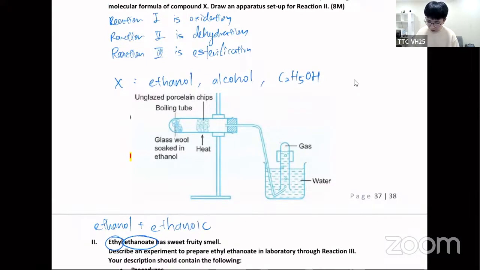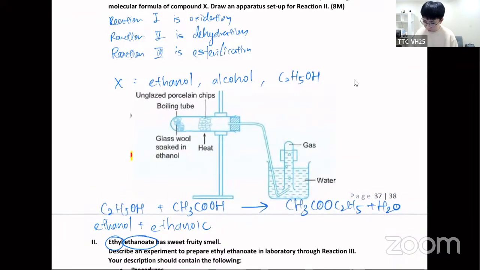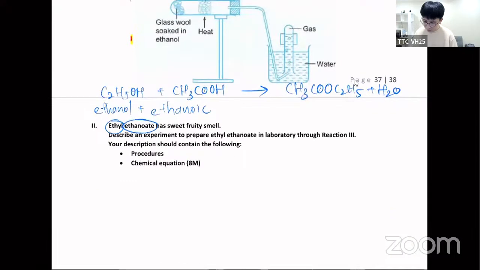So ethanol plus ethanoic acid: C2H5OH, but ethanoic acid is CH3COOH. And then take out H, take out OH, you get CH3COOC2H5 with water. So technically this is your chemical equation for this question.